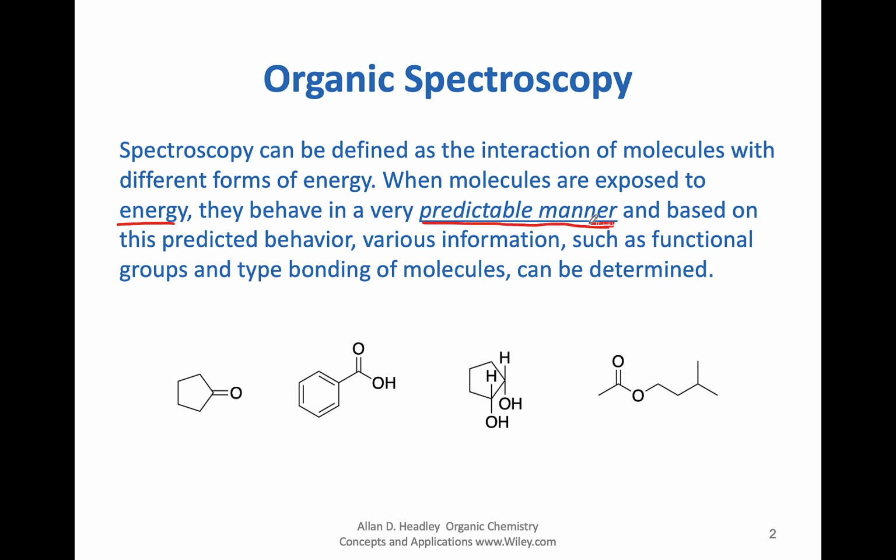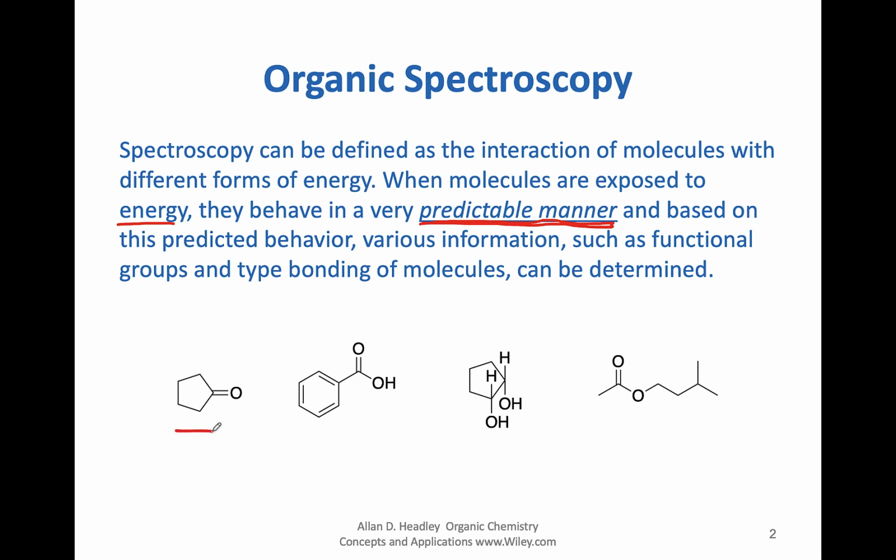The key word here is predictable manner. Each molecule will behave differently when it's exposed to different types of energy, and based on that behavior, we can get a good idea of various information about that molecule.